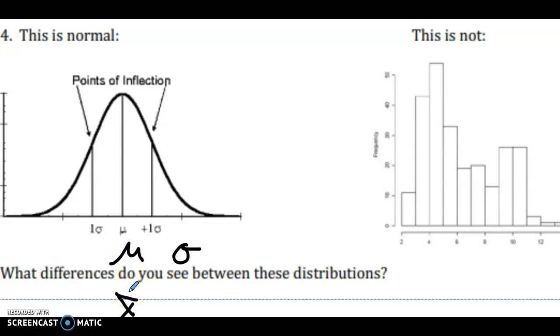Also, your calculator uses X bar for average. So that's another variable that we use for average. So if you ever see mu or X with a bar over it, those both represent the average or the mean.